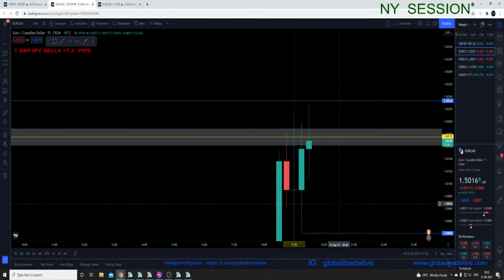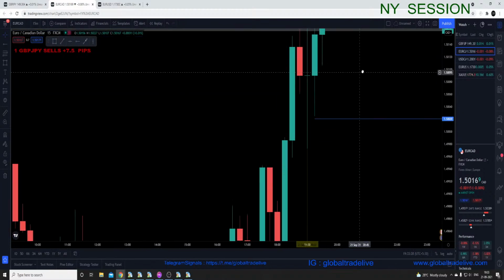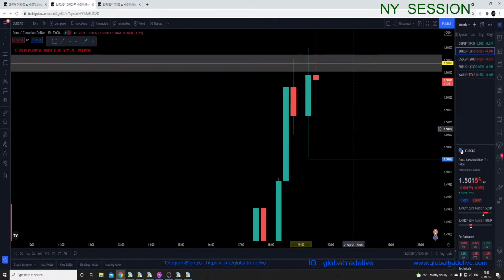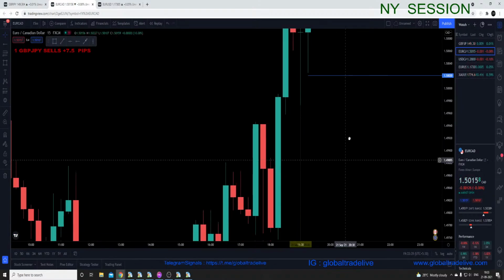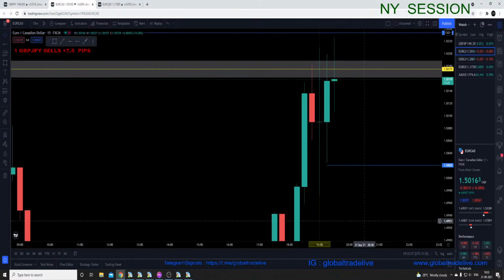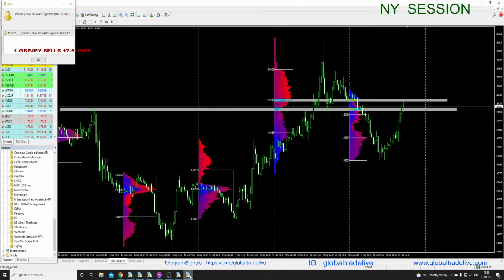But in case it breaks the low of the previous candle, I'm gonna sell, because I think at that point it should be moving all the way down to this level first, and after that continue moving down.